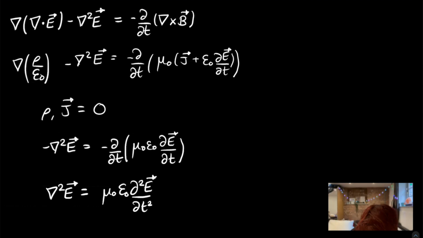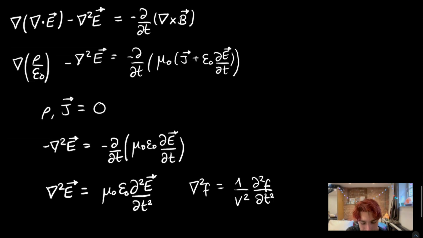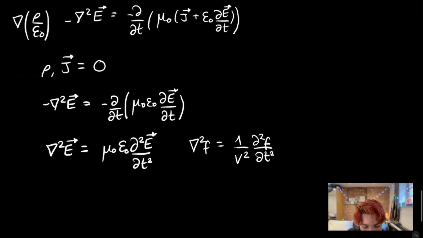And so let's go ahead and compare this to the wave equation we had before. We have this 1 over v squared in this equation and mu naught epsilon naught in this equation. Now, let's bear in mind, mu naught and epsilon naught are empirically determined constants that were known for many years and had been measured using the experiments on electricity and magnetism at the time.